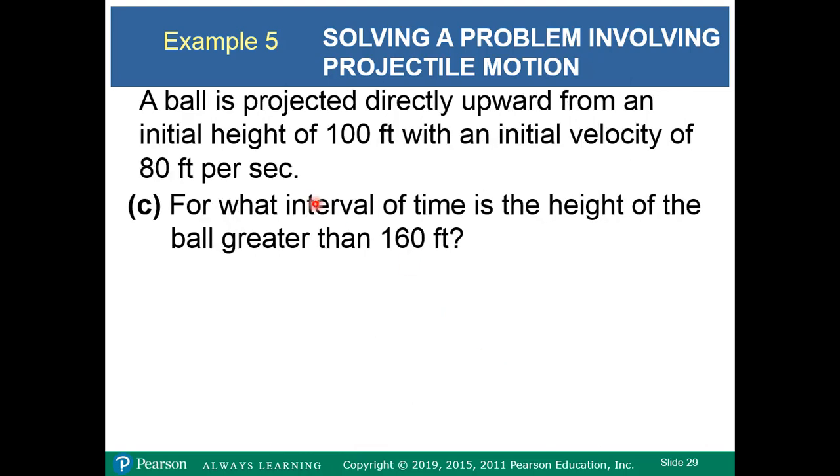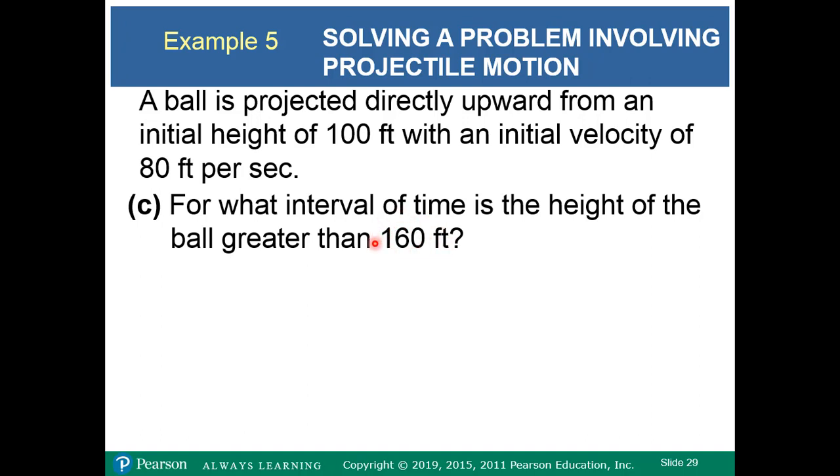Now, C says, for what interval of time is the height of the ball greater than 160 feet? So first of all, we know that the ball was projected upward, so it's going to pass 160 feet.